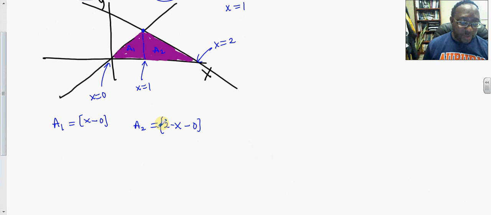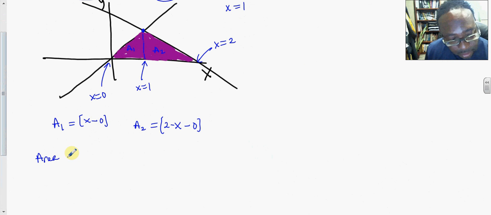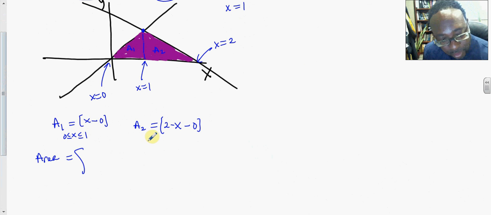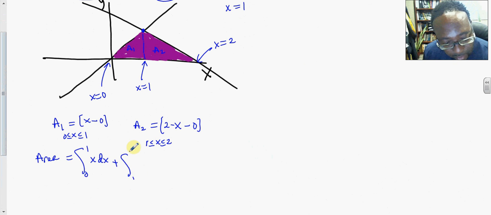So we're going to put them together. So then the area is first, this is the region from 0 to 1, and this is the region from 1 to 2. So we integrate from 0 to 1. This is just x dx plus the second area, the integral from 1 to 2.